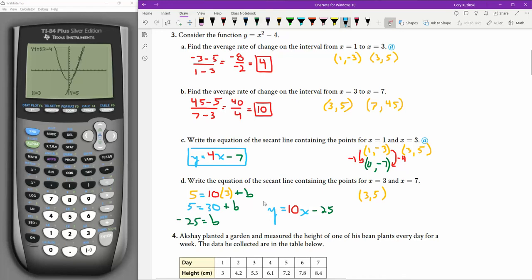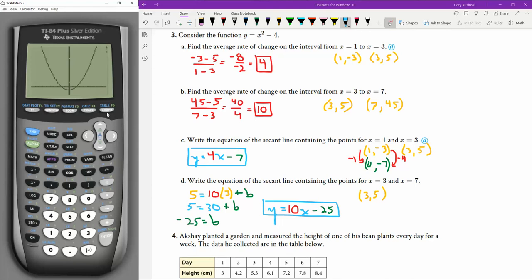And I think we can graph this. Let's get rid of the other one. And let's do 10x minus 25. Let's change our window a little bit because we want to get up to 745 here. So let's take it up to 50. Graph. There's our parabola.